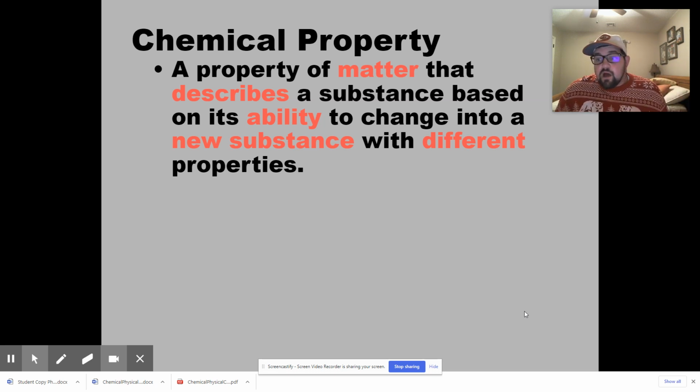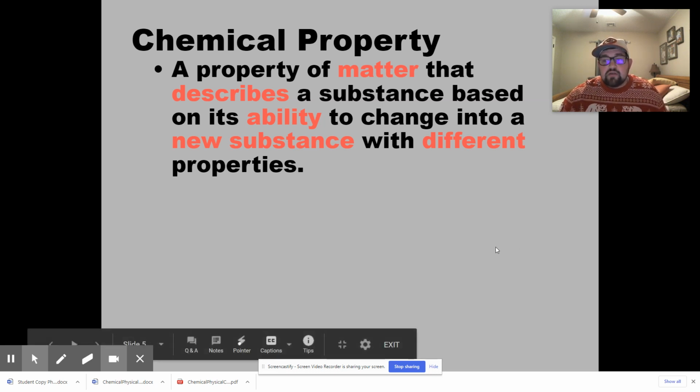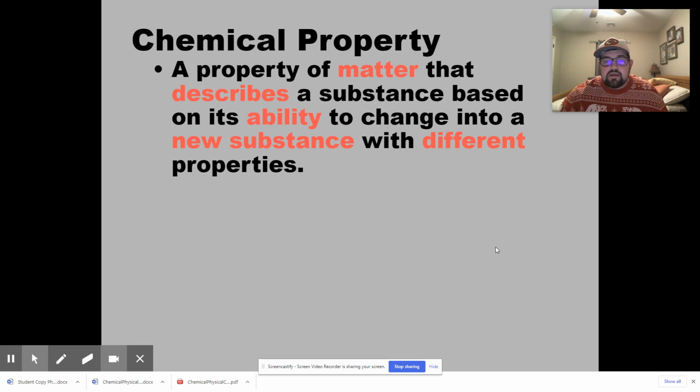So not all matter is going to change very well. You have to physically break it down, or there's no chemical changes that happen. So the only way to change it is to physically change it. But there's a lot of matter in the universe that will change chemically, and that comes from chemical properties.